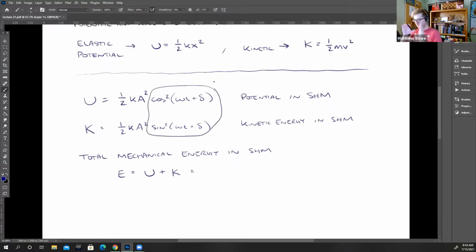If we factor that out and put it over to the side, cosine squared plus sine squared equals 1. And then what do we have left? We have this term out front that's left over from those two. This is the lowercase k for spring constant.